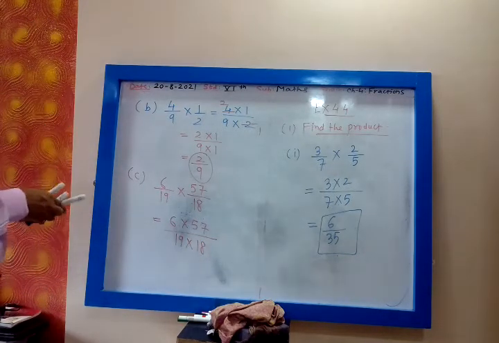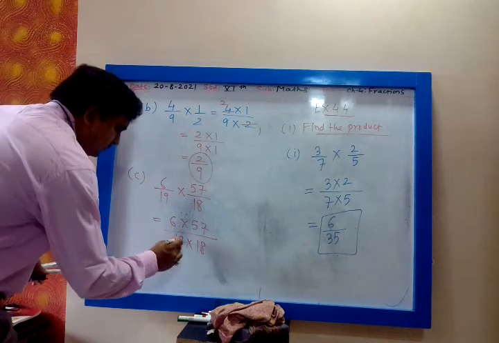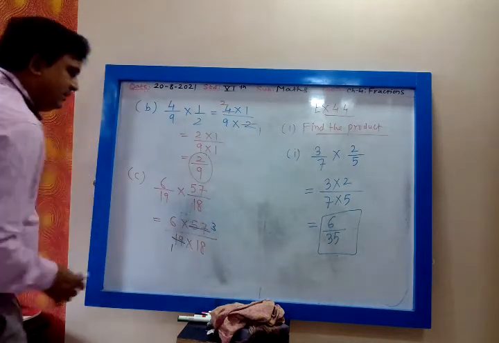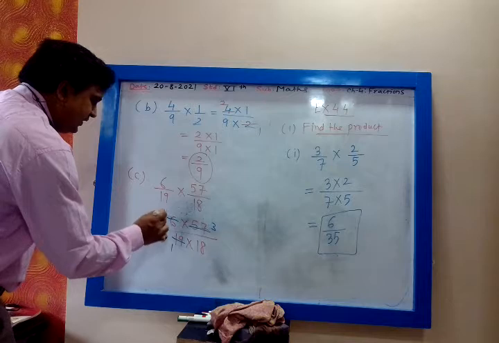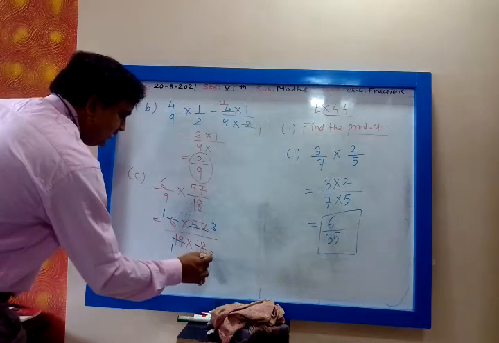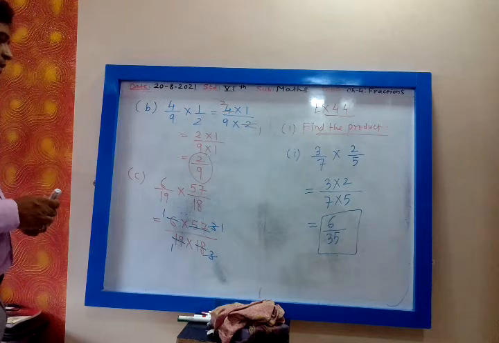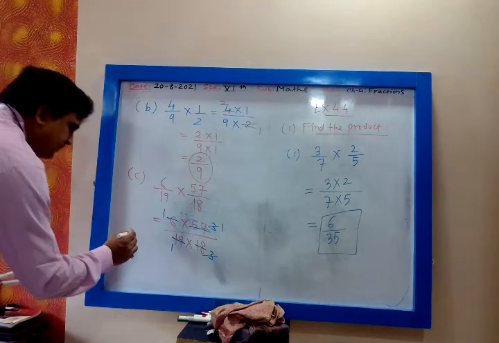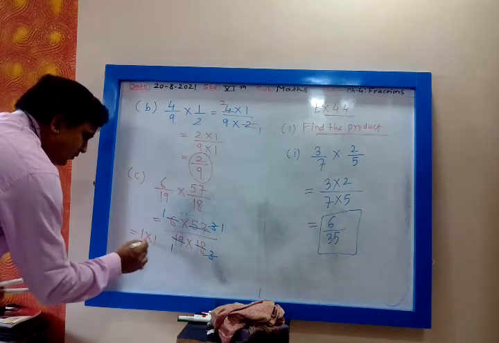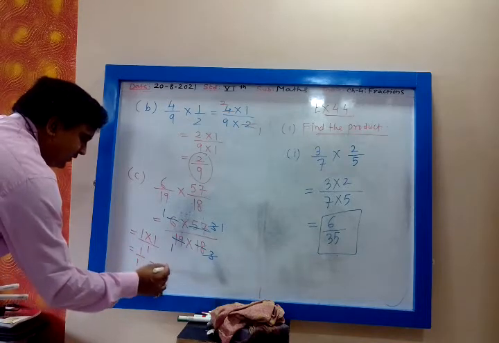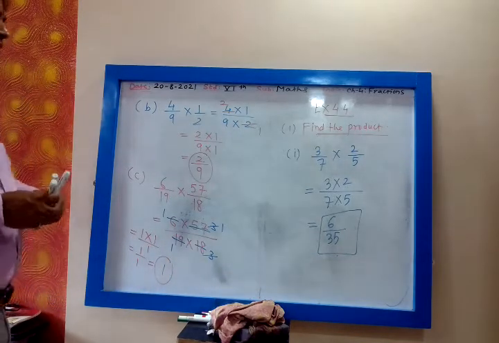You can cancel numerator and denominator. 19 ones are 19, 19 threes are 57. Then 6 ones are 6, 6 threes are 18. Then 3 ones are 3. Get cancelled. So what is left? 1 into 1 upon 1. 1 into 1 is 1. 1 upon 1 is 1. Answer is 1. Okay?